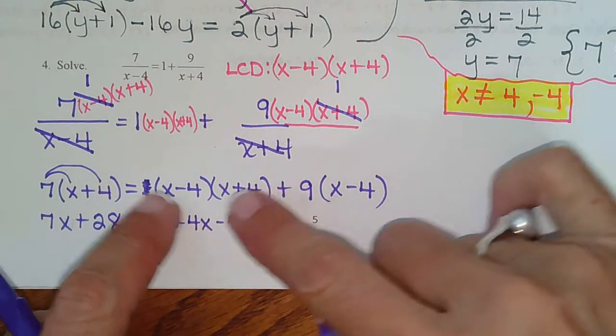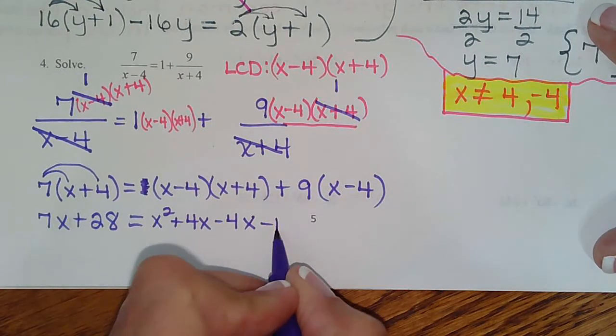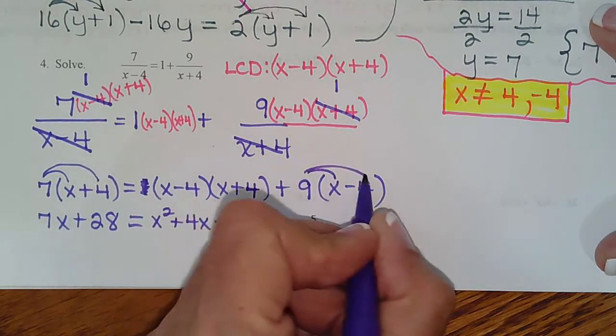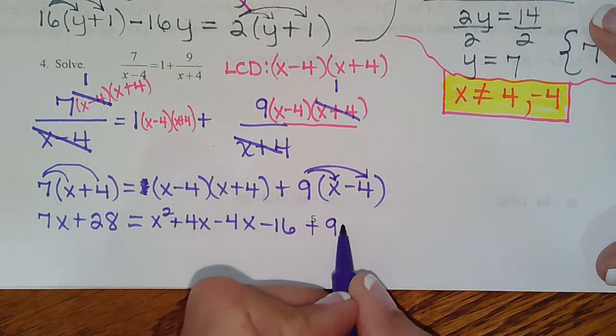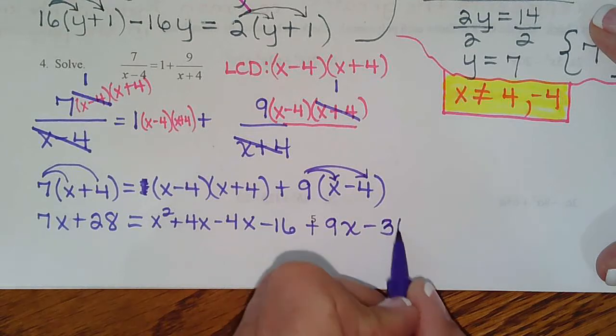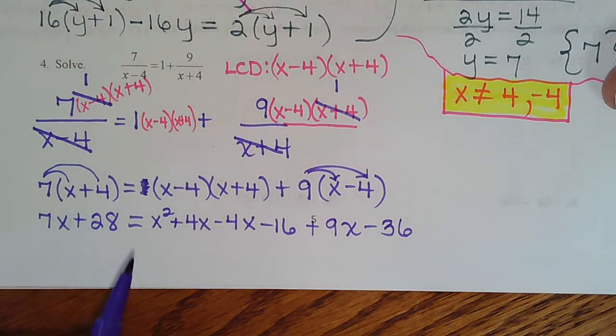So outer plus 4x, inner minus 4x, last negative 16. And then plus 9x minus 36. So combine like terms, move all your x's to the left, and you will be done.